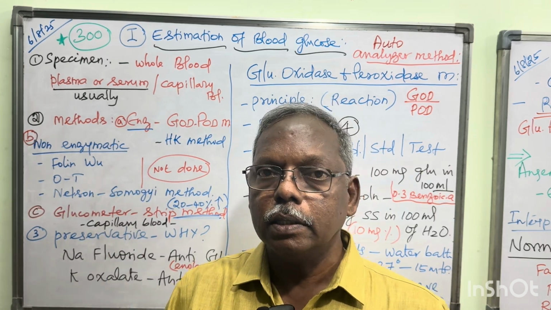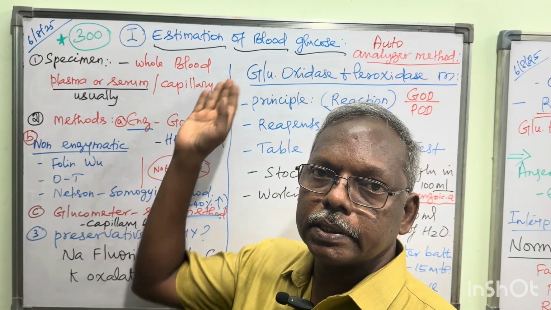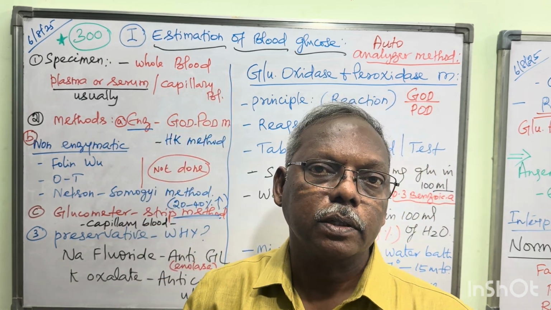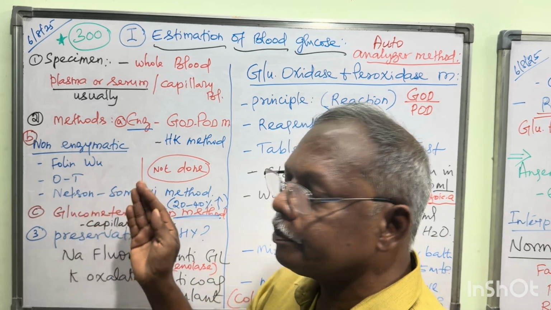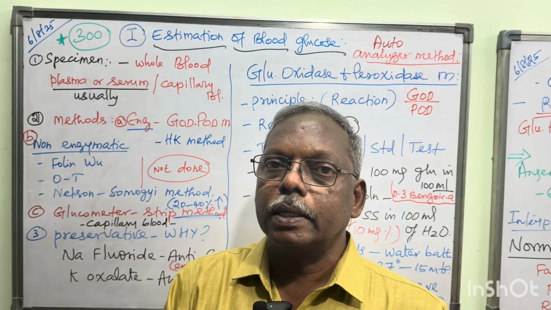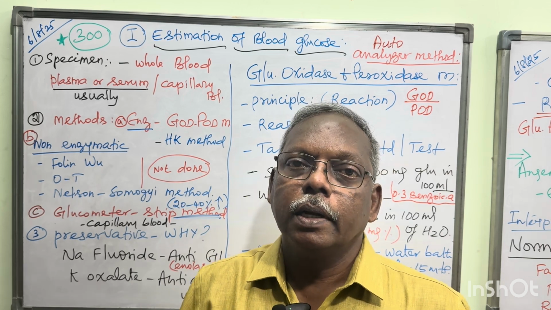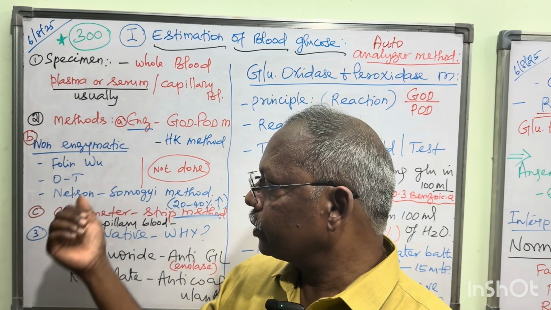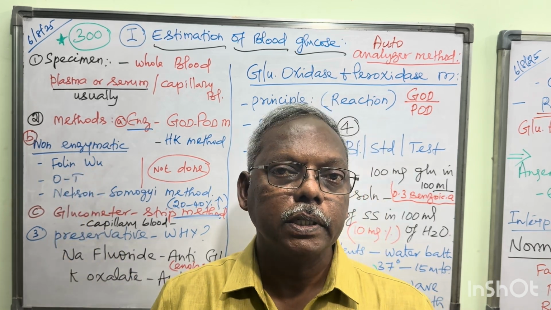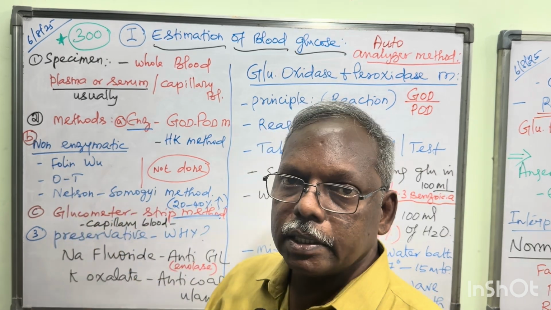These 3 are all outdated. We follow only enzymatic analysis, the GOD-POD method, in the fully automated analyzer. You just know the names. Sometimes in your practical or table viva, examiners will ask you to name other methods available for the estimation of glucose. At that time you answer Folin-Wu method, orthotoluidine method, Somogyi-Nelson method.